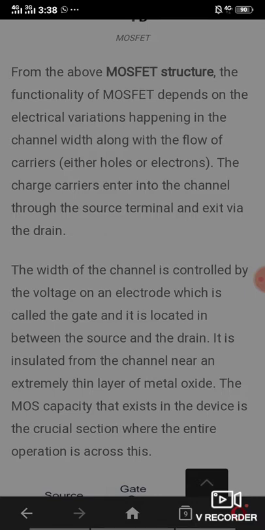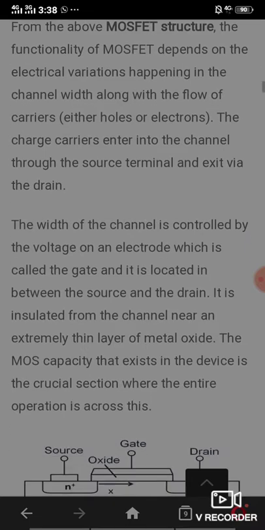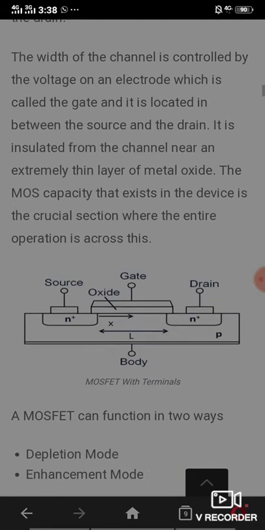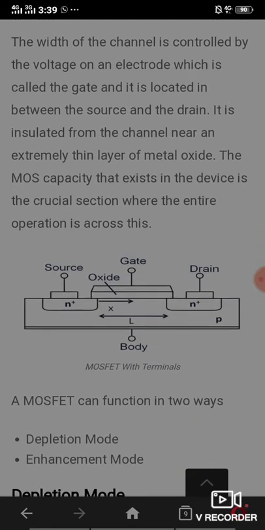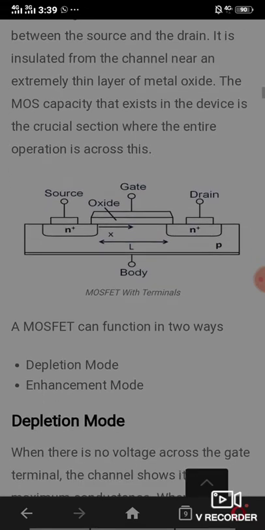It is insulated from the channel by an extremely thin layer of metal oxide. The MOS capacitor that exists in this device is the crucial section where the entire operation occurs across the source, gate, drain.